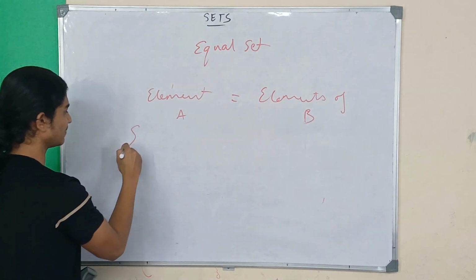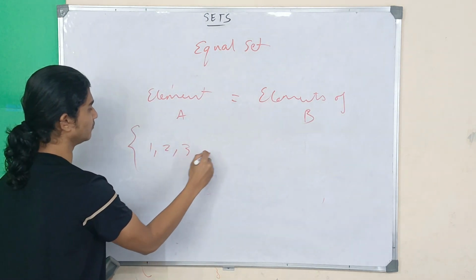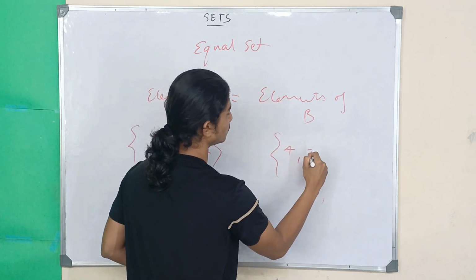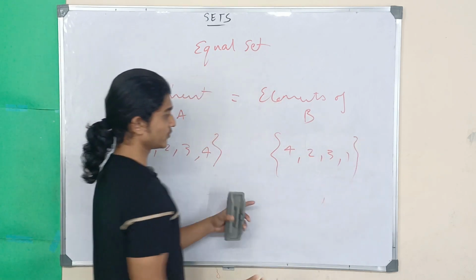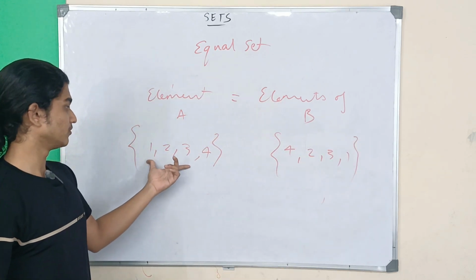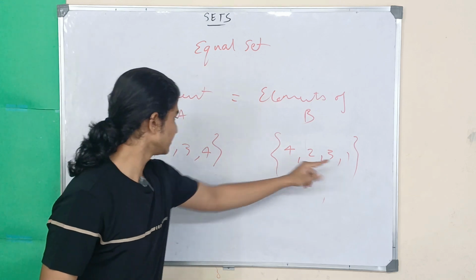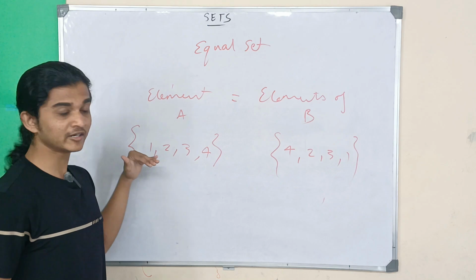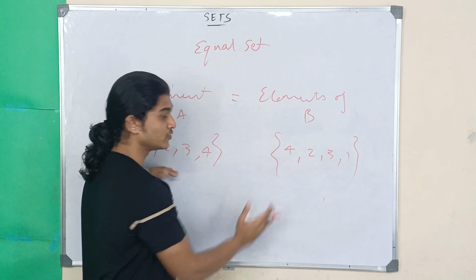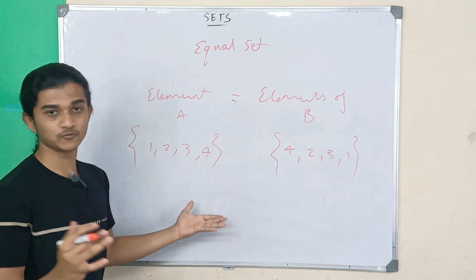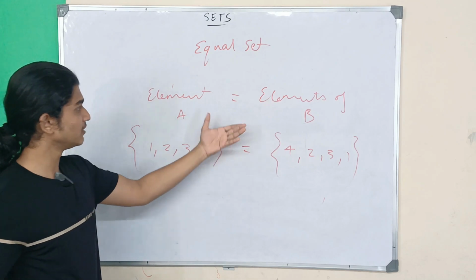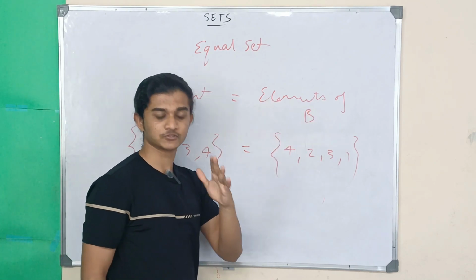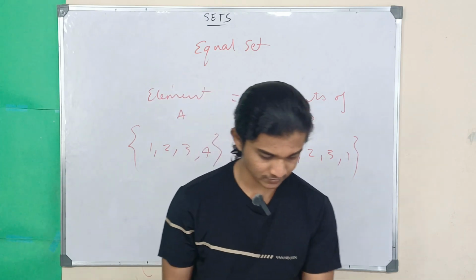For example, if I have my set as 1, 2, 3, 4, and I have a second set as 4, 2, 3, 1. As I told you, order in a set doesn't matter. So I can see 1 is there here, yes, 2 is there, yes, 3 is there, yes, 4 is there, yes. So if every single element of one set is there in the other set, you can call those two sets equal. So these two sets are equal only if every single element of A is equal to every single element of B. So this was the basic introduction of the second part.